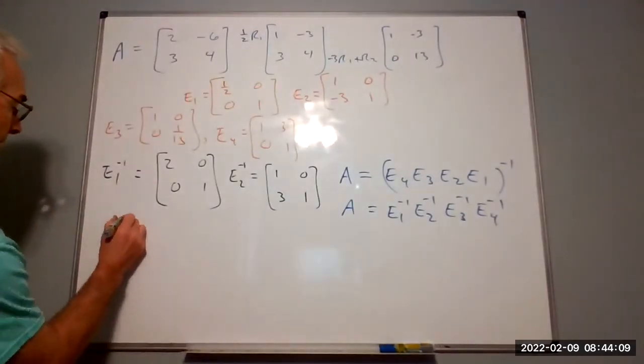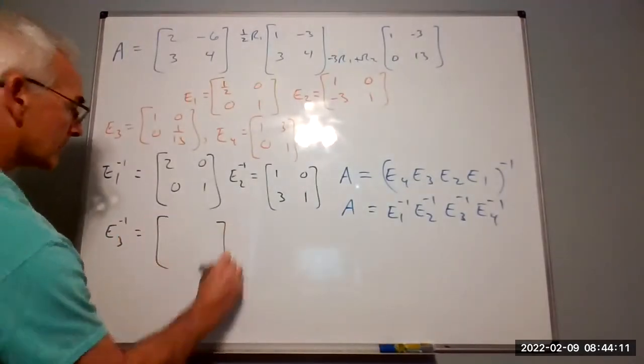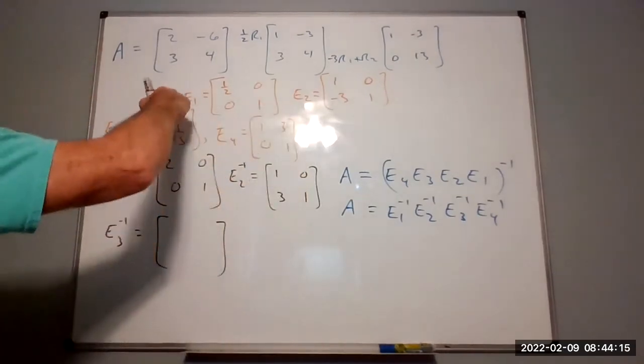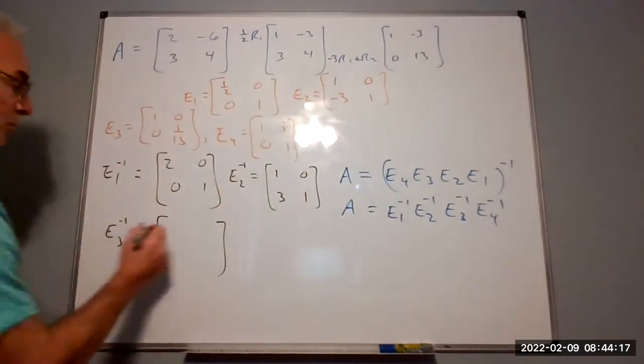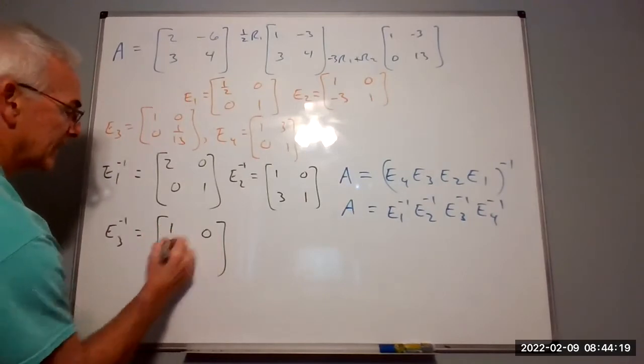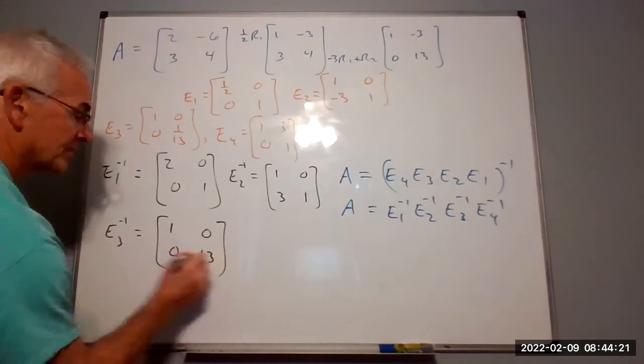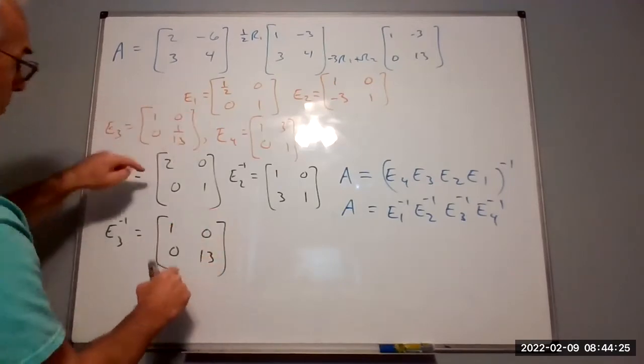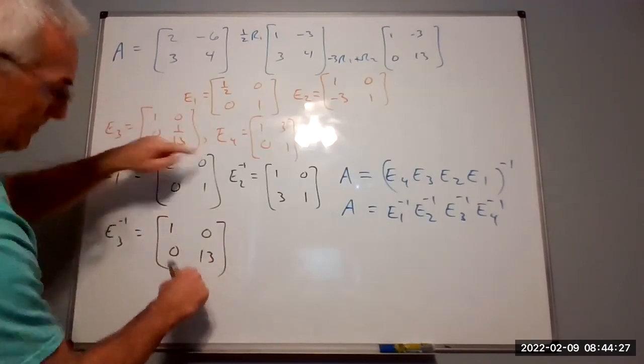E3. So what did I do for E3? I took 1/13 of row 2. So I undo that by taking 13 row 2s. Quick check. 1, 0, 0, 1.